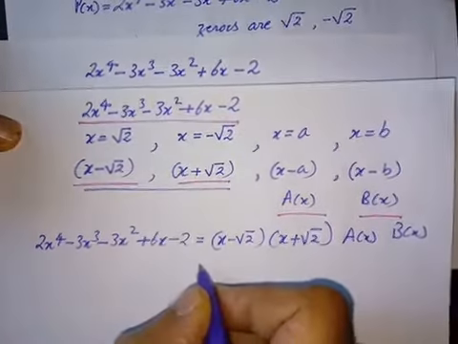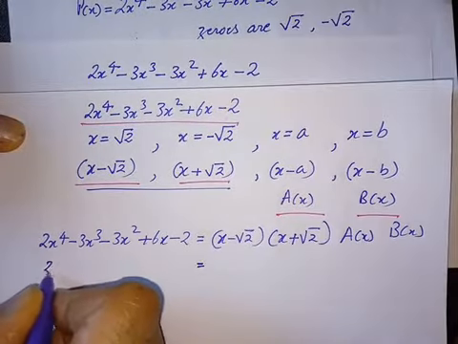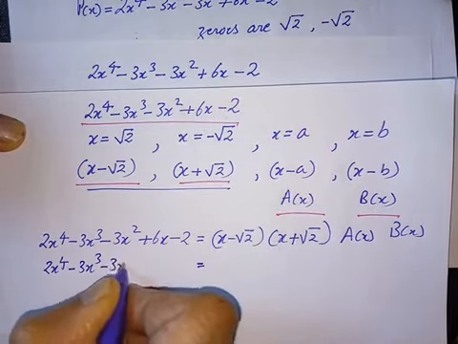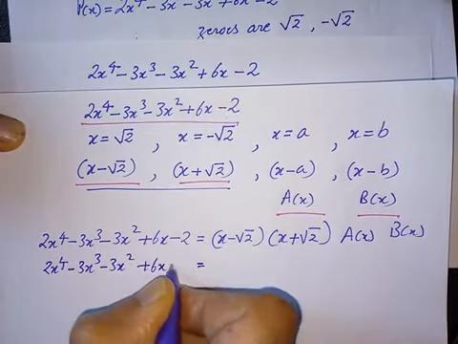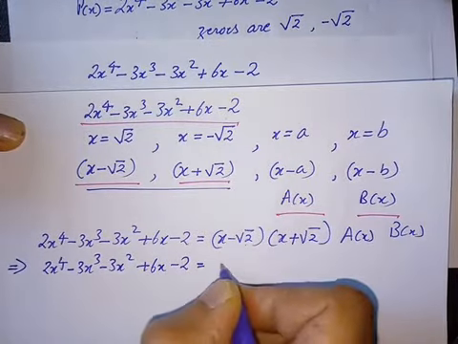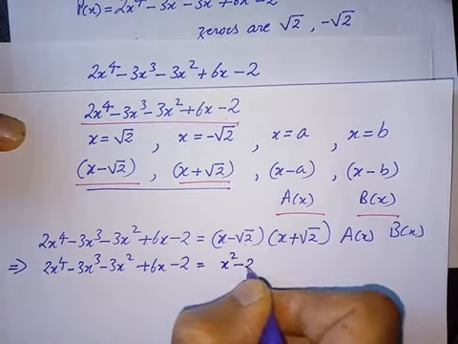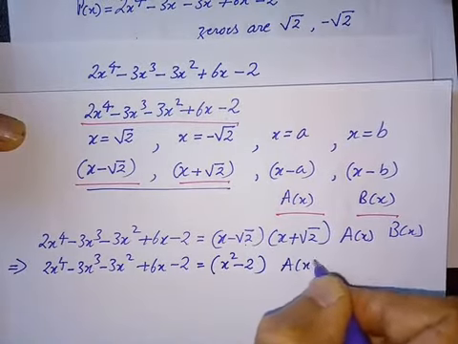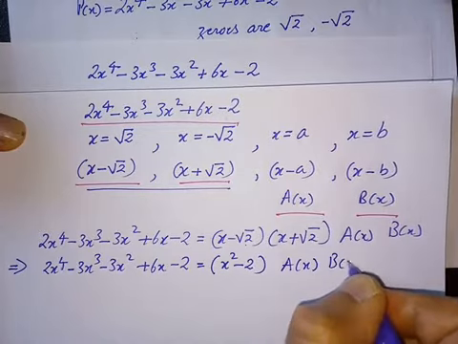So let us solve it further. This is equal to (x minus root 2)(x plus root 2), that is x square minus 2, multiplied by a(x) and b(x).